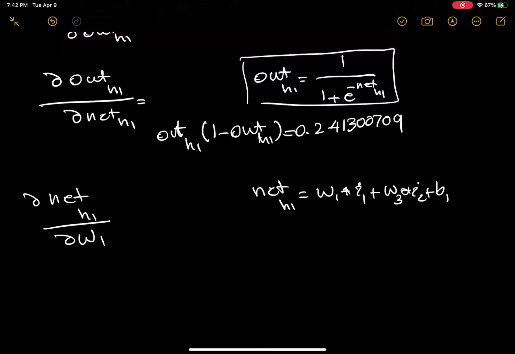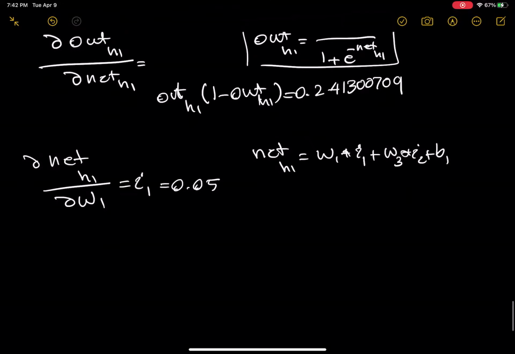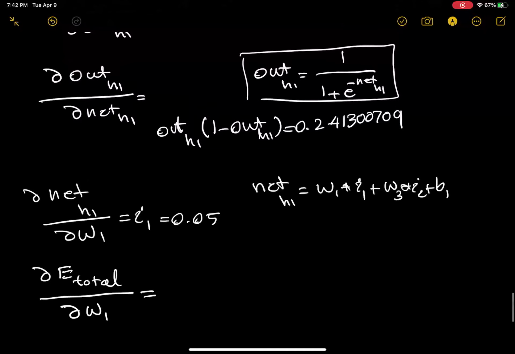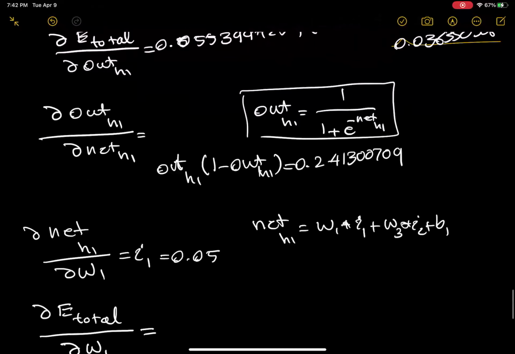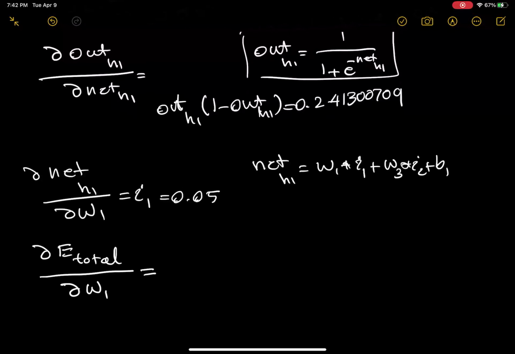So this derivative would give you I1, which is equal to 0.05. Now we have all three components. I can calculate the amount of error of total when W1 is variable, by the multiplication of these three values that I already calculated.